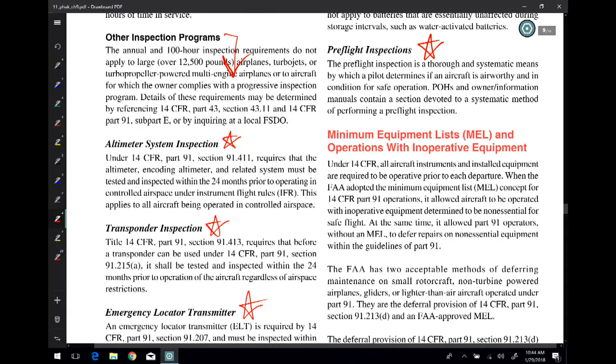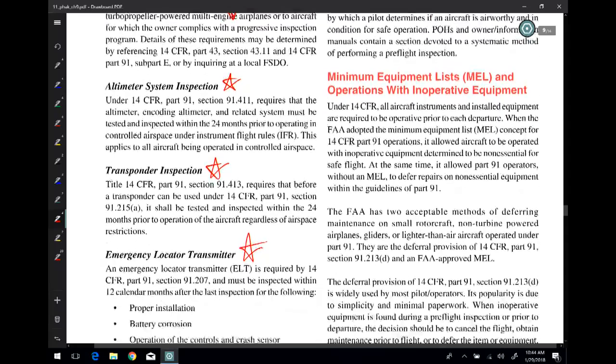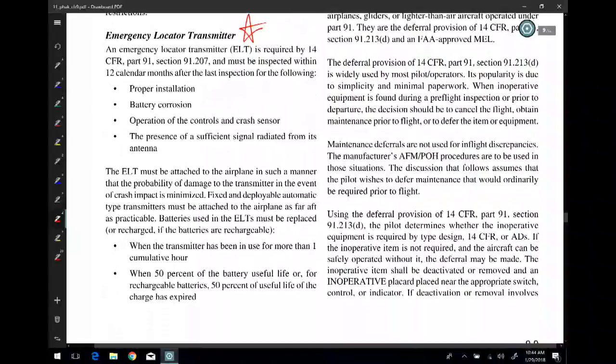Now, here we have an additional heading. Minimum equipment list with operations with inoperative equipment. Okay? So that's another heading.